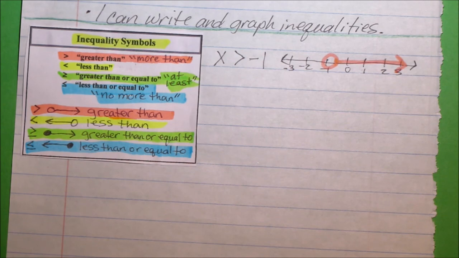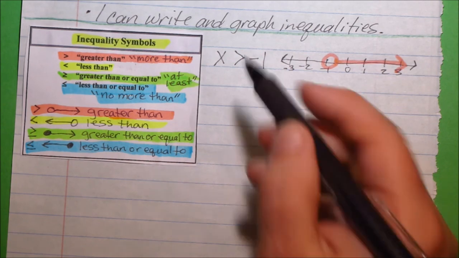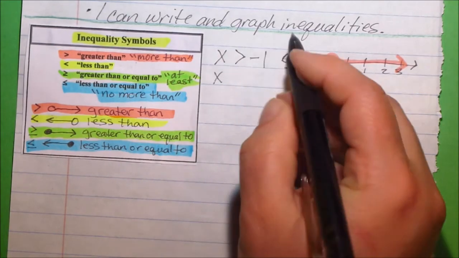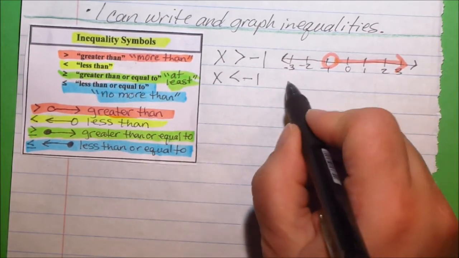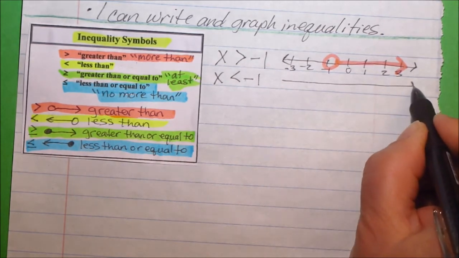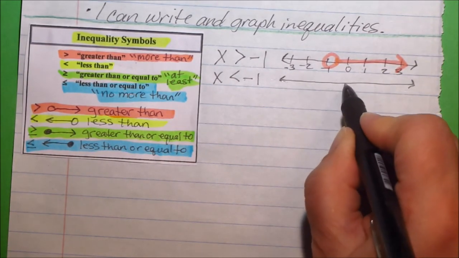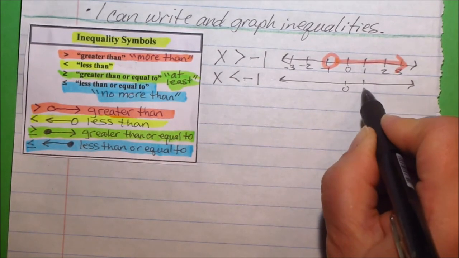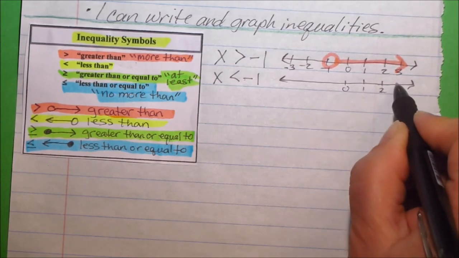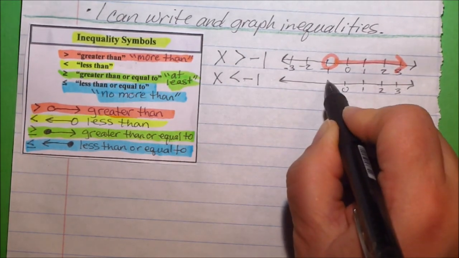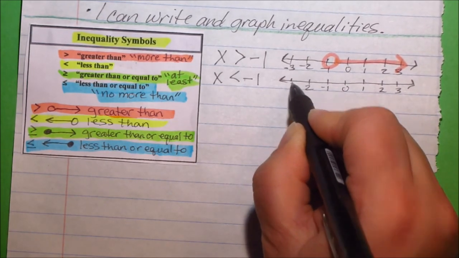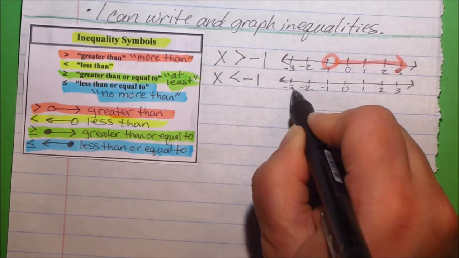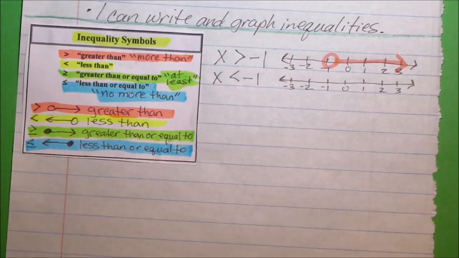Okay, now let's say I have an inequality statement that says x is less than -1. Same thing, I'm going to draw my simple number line here. So x is less than -1.